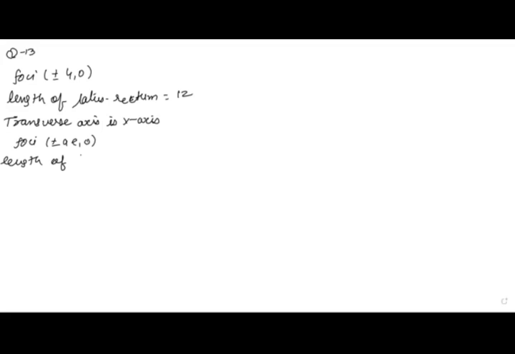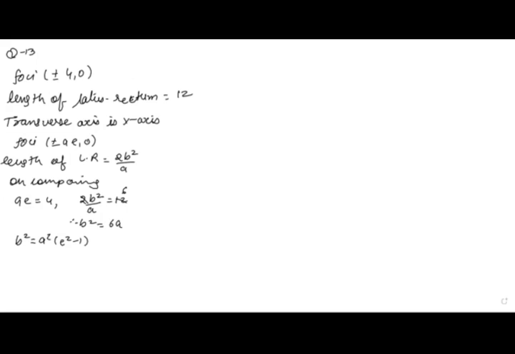Length of LR, that is latus rectum, is 2b square by a. On comparing, I will get AE as 4 and 2b square by a as 12. Therefore, b square is equal to 6a. Here b square is equal to a square e square minus 1.